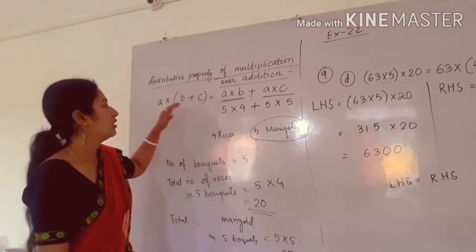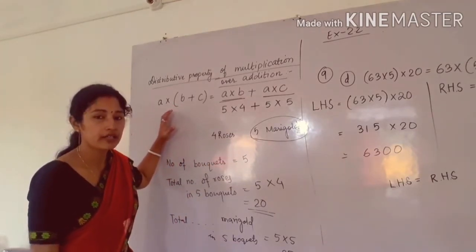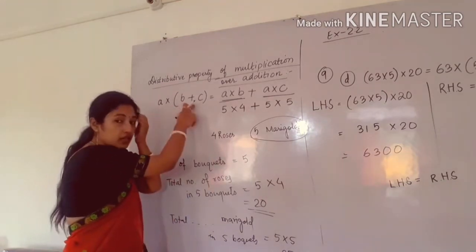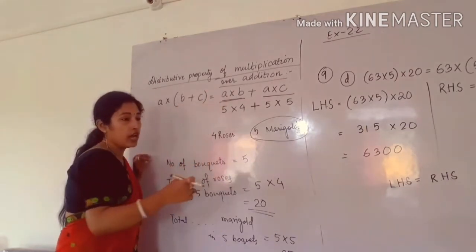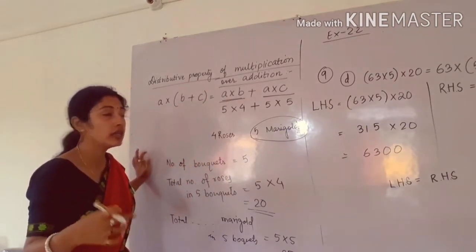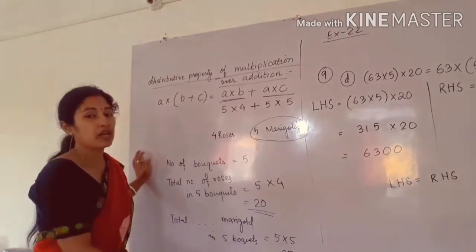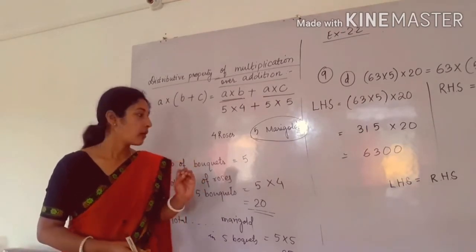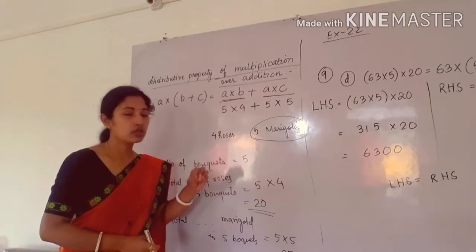So this is the distributive property of multiplication over addition, because here we are adding, means here the plus symbol is there, that's why it is called multiplication over addition. And a similar case we will do in distributive property of multiplication over subtraction. So when can we use this property? Suppose here the number of bouquets is same, that means 5.